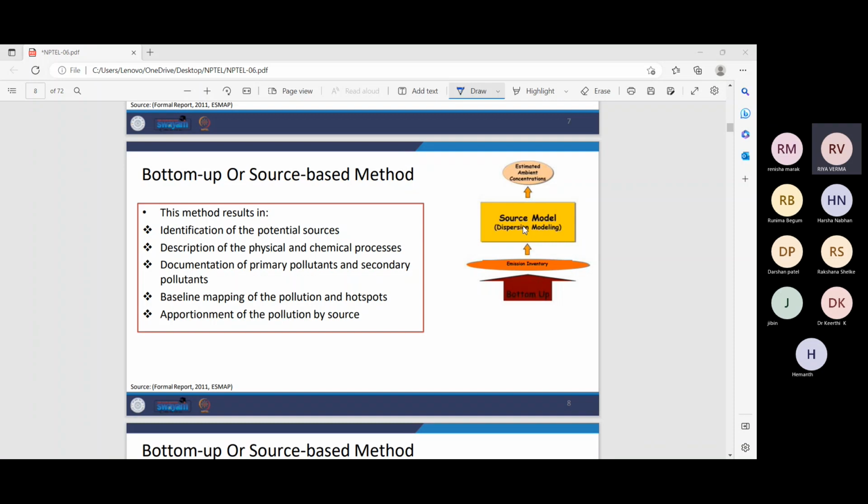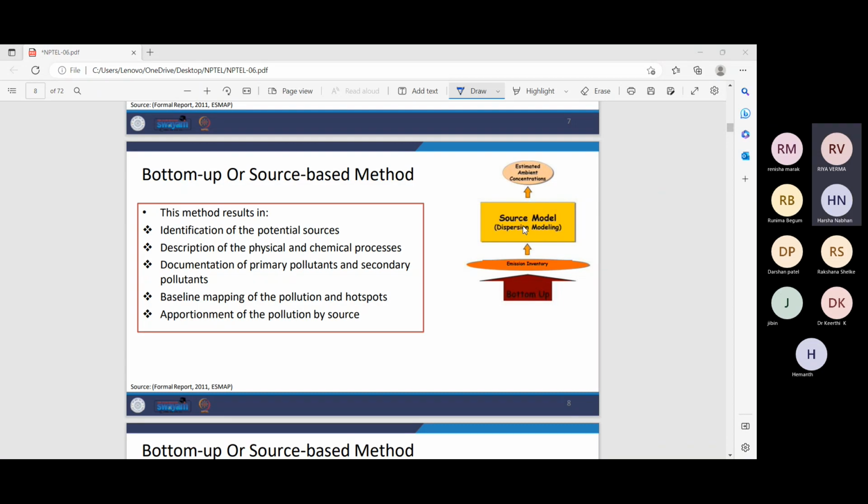Then, when we know the sources and the process of their dispersion, we can identify the different pollution hotspots, the regions which will have a higher amount of pollution compared to nearby areas. We can mark those hotspots on our map of that area. And the last one is the apportionment of pollution by source: which source will be creating how much pollution, and what type of pollutants are expected from that source.